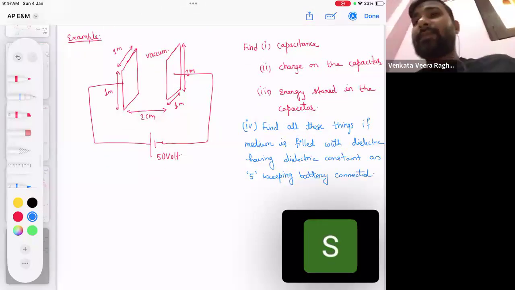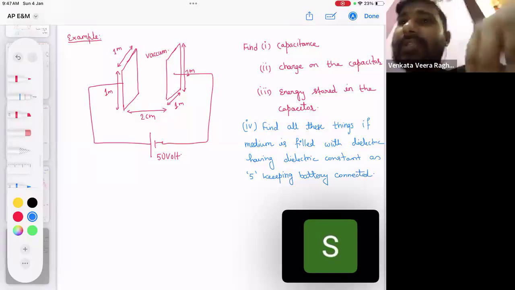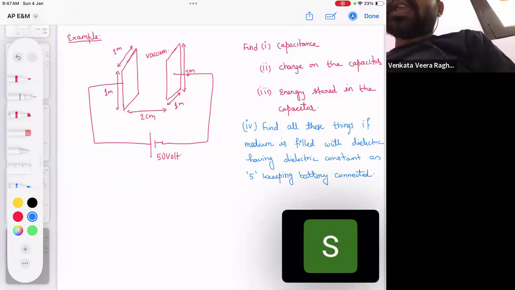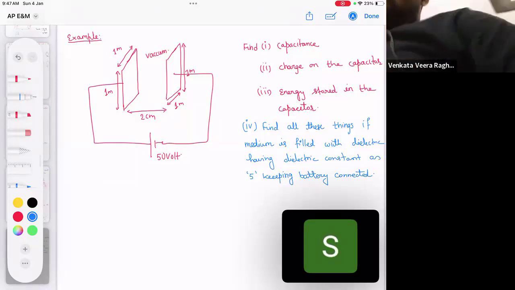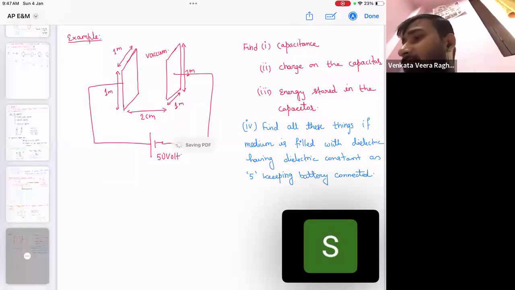Chaliye, please tell me what is the capacitance we are getting? What is going to be the capacitance? Epsilon naught A by D, isn't it? It's a parallel plate capacitor, isn't it?